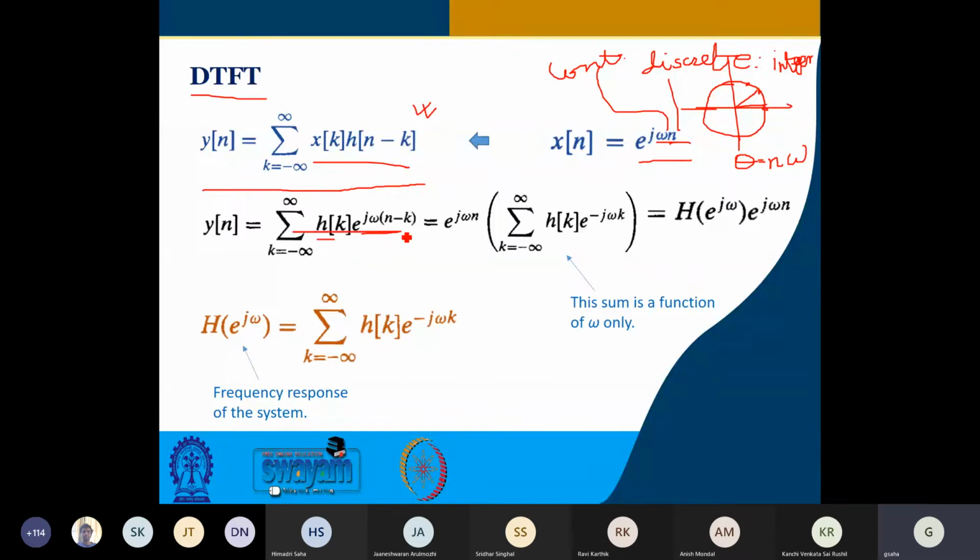If you substitute x of n minus k, you will get this quantity. And this is nothing but e to the power j omega n, the same signal you have given, that same signal only comes out of it, but transformed by this particular block.